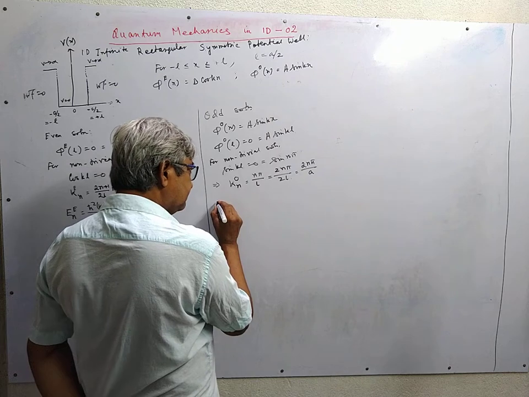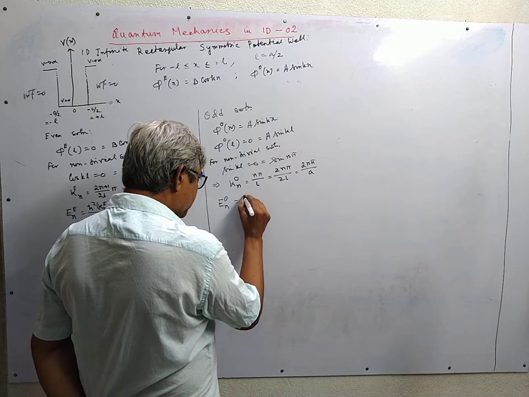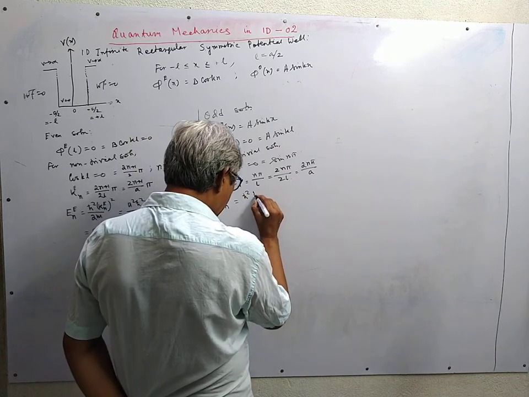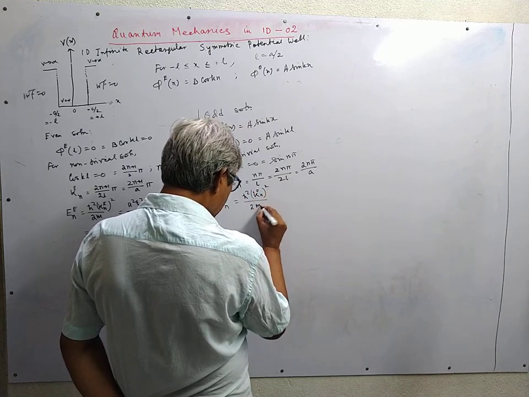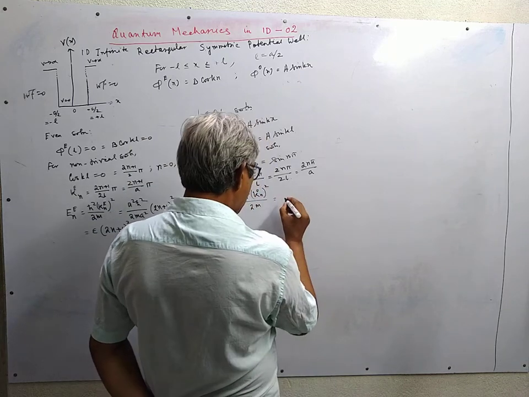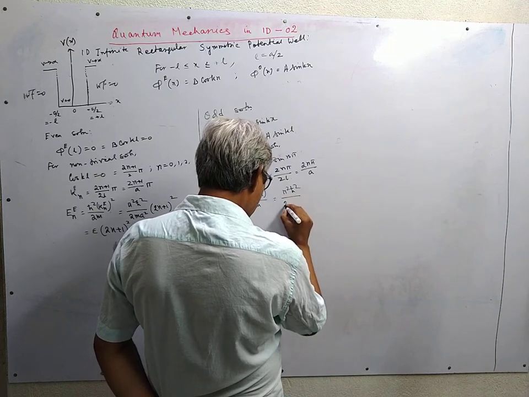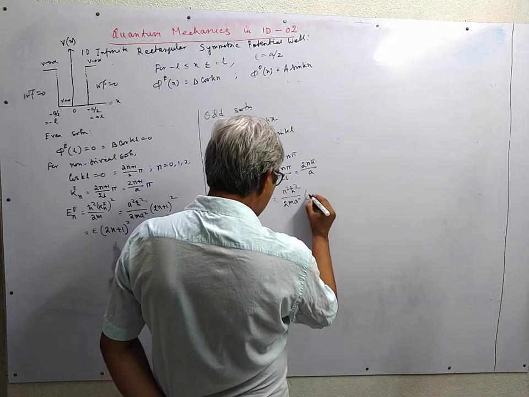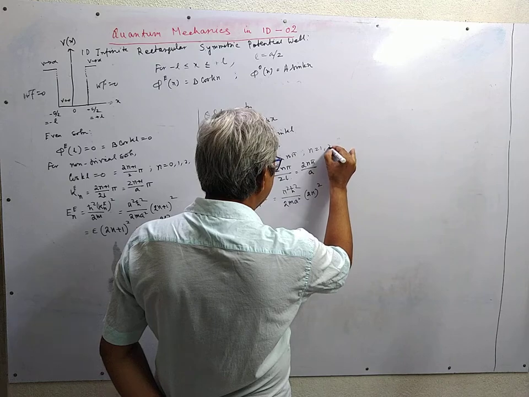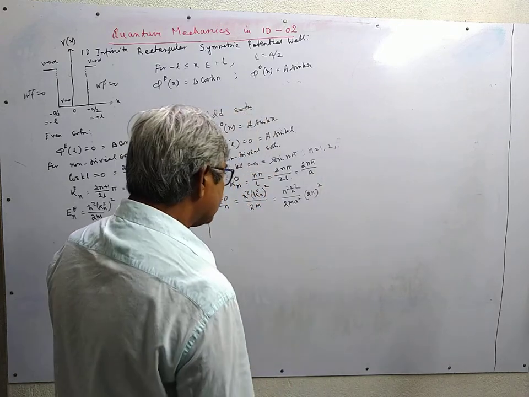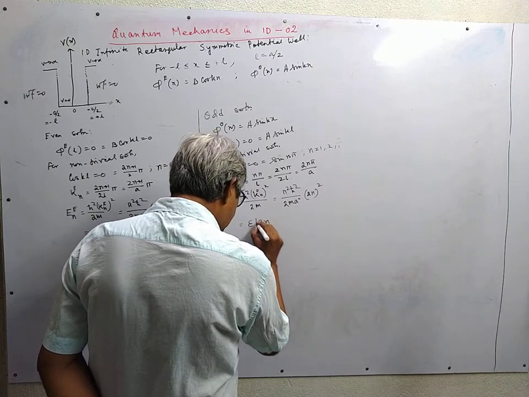So the energy coming from the odd solution, the restriction over n is 1, 2, etc. 0 is excluded. So in terms of epsilon, this is epsilon times (2n) square.